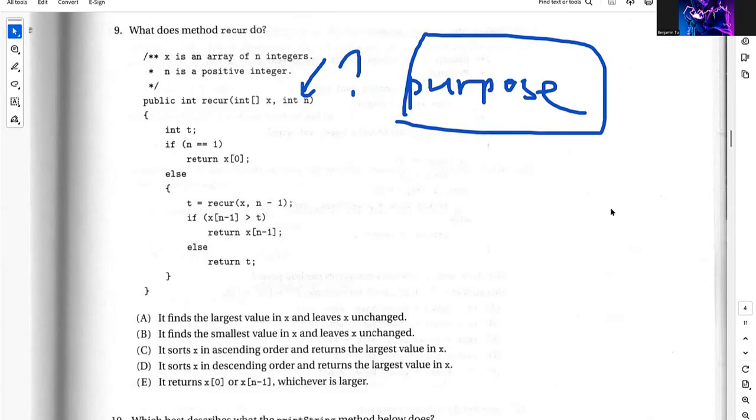So n equals 1, then... so I guess, is it A? I'm not sure what this one is, to be honest.